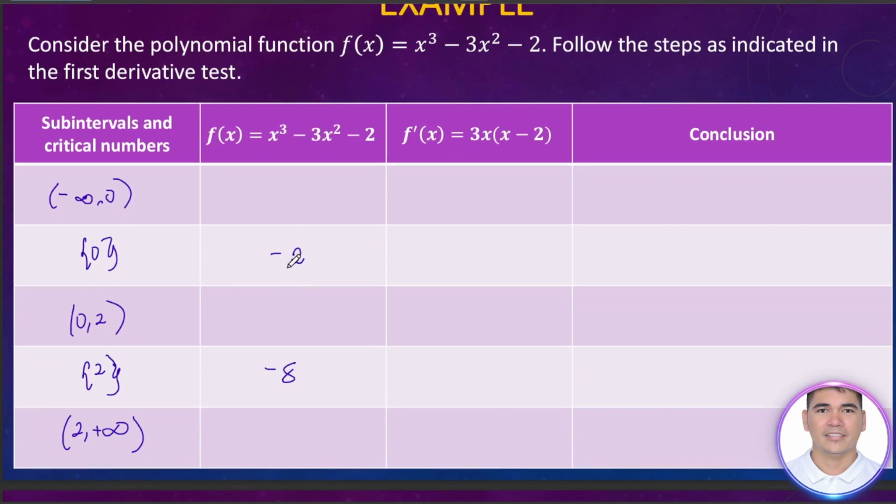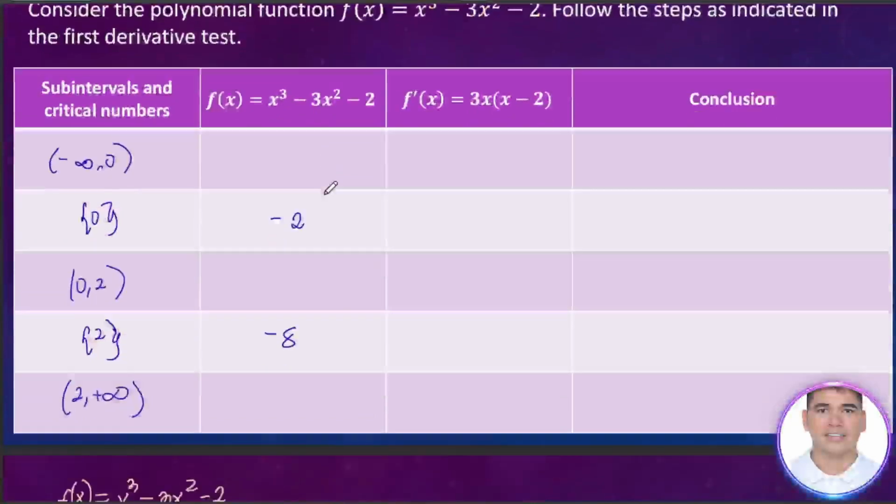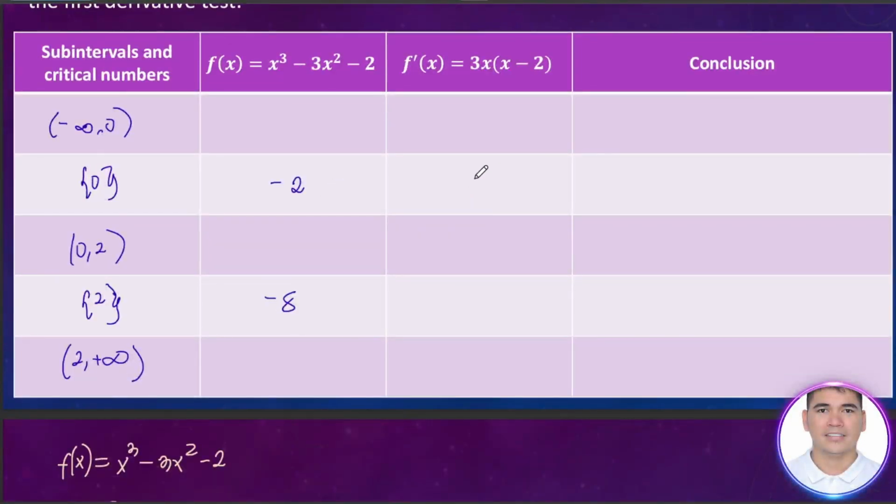So according to our step 4, for the critical number we simply put 0 or undefined. But here we have the number, so we put 0, not undefined. Here we need to use the sign, but we need to first choose which x we will use in between this given interval.